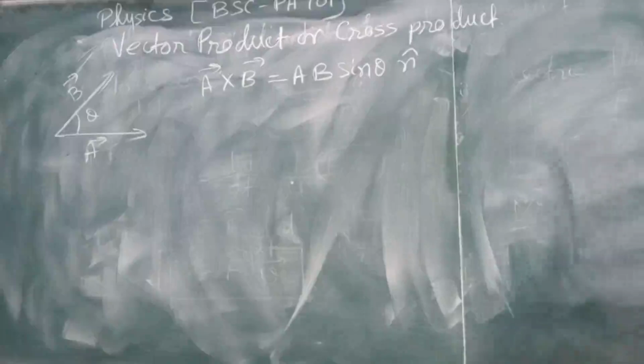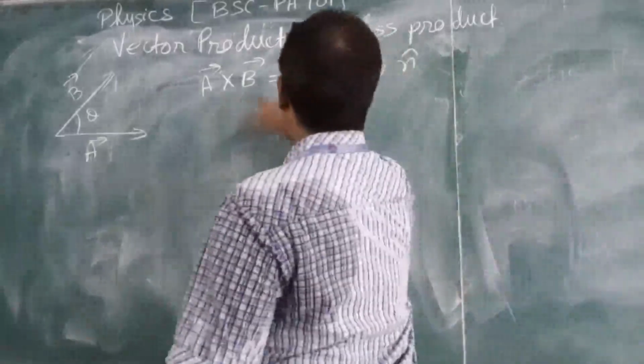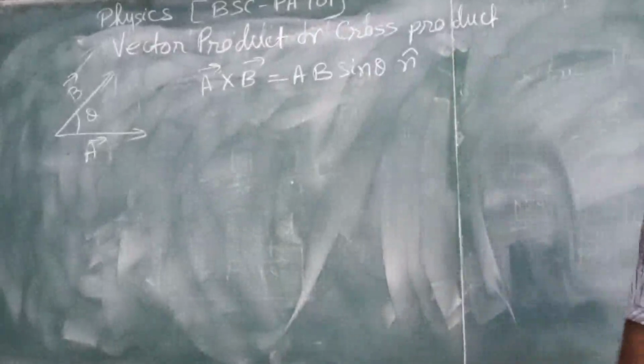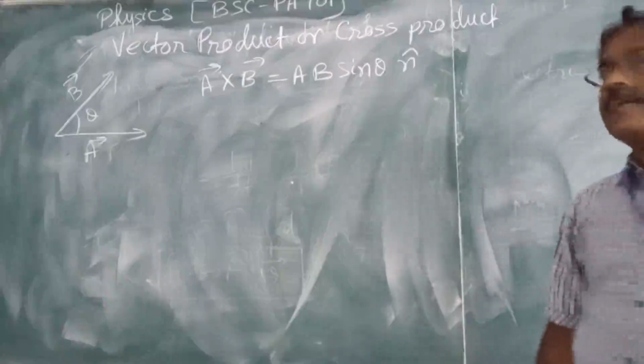So you can see that the vector product is a vector quantity. Then what is the direction?